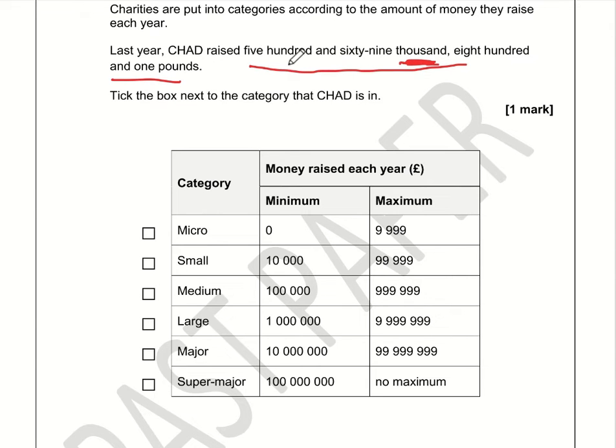So we've got here 569, so 1,000. So let's just write 569. The 1,000 is a comma, and now we're writing another 3-digit number, 801. So 569, 801. So we can see that that is a 6-digit number that is between this 6-digit number and that 6-digit number. So therefore, it is a medium category.